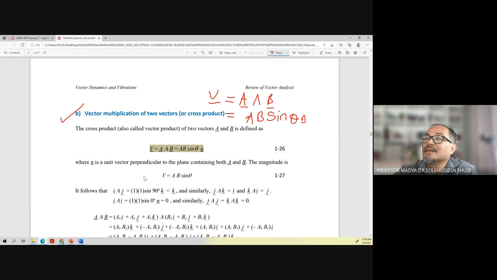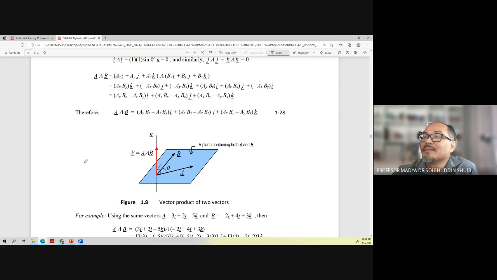N is a unit vector perpendicular to the plane containing vectors A and B. We look at this figure. What is meant by normal? We have the plane here, blue in color.